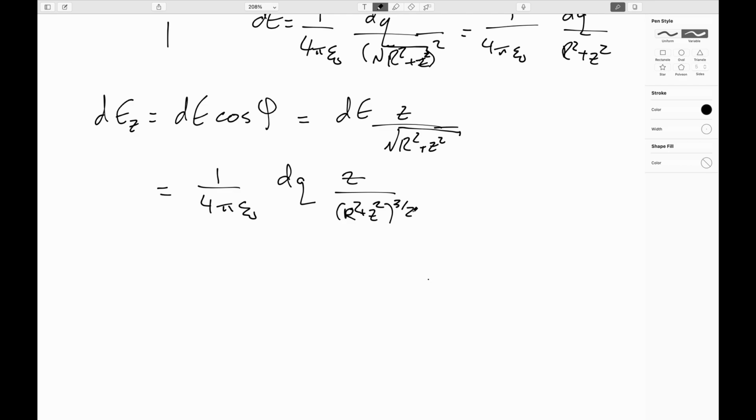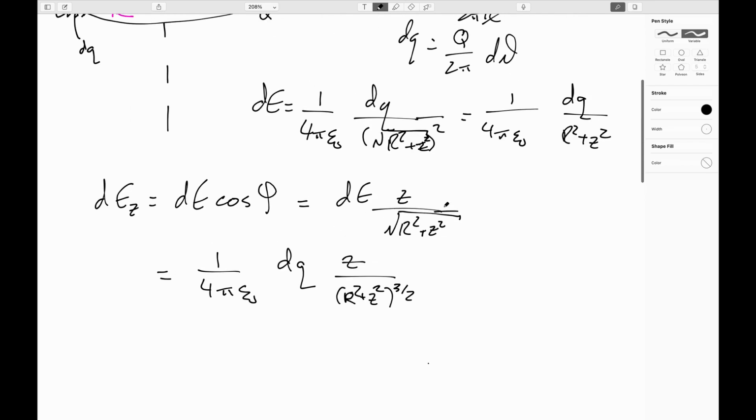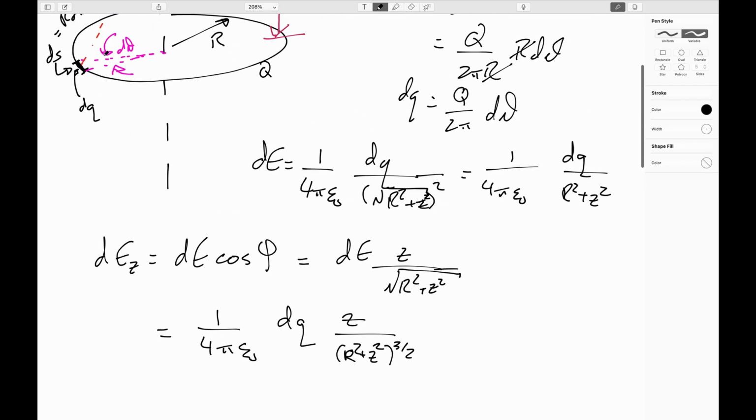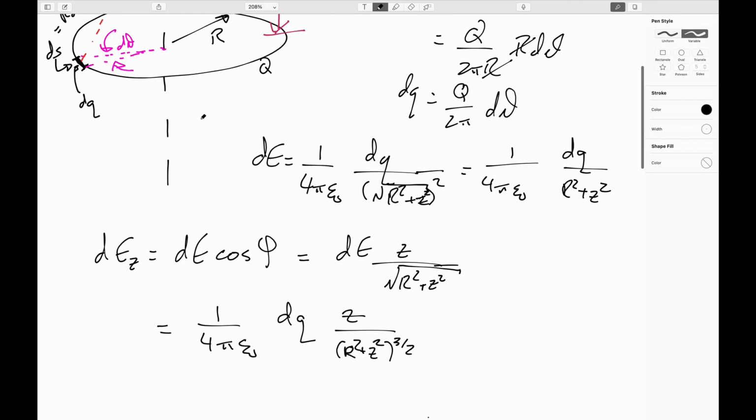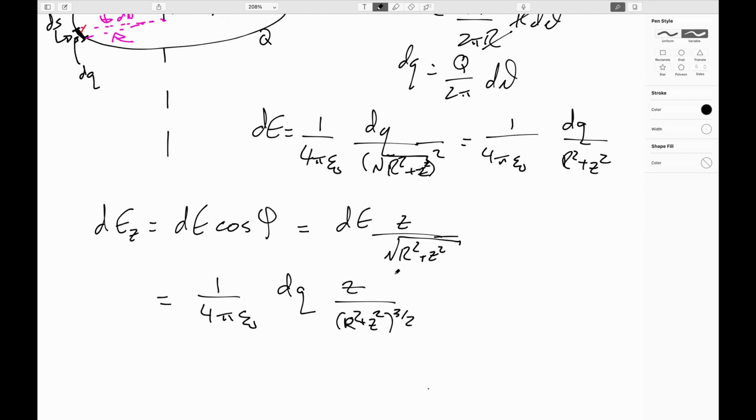All right, so all that remains is to substitute in our dq. Ultimately we want to integrate over this angle theta right here. So we'll put in that dq is q over 2 pi d theta.